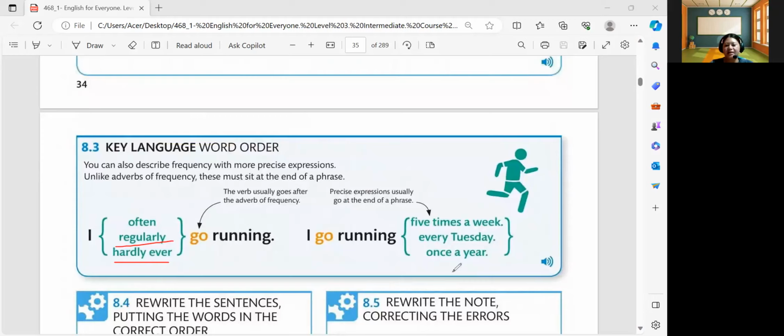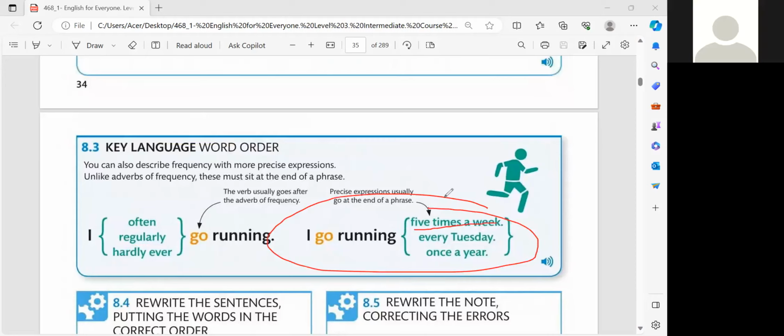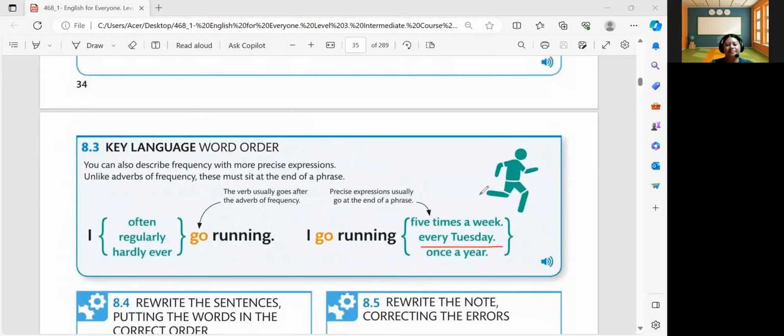How about the second example here? I go running 5 times a week. Next, I go running every Tuesday. Last, I go running once a year. Exactly, very good. So those are the examples of the word order.